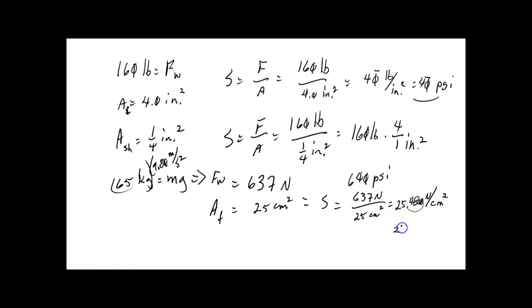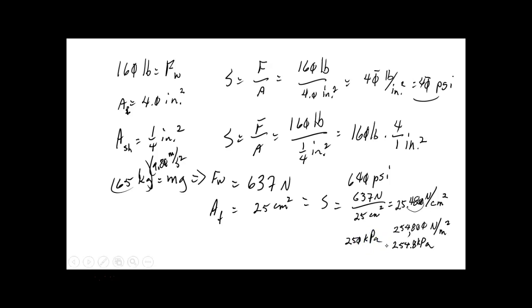That would be 254,800 newtons per square meter, which would be 254.8 kilopascals. Okay? And they rounded in the book because we only have 2 significant digits, 250 kilopascals.